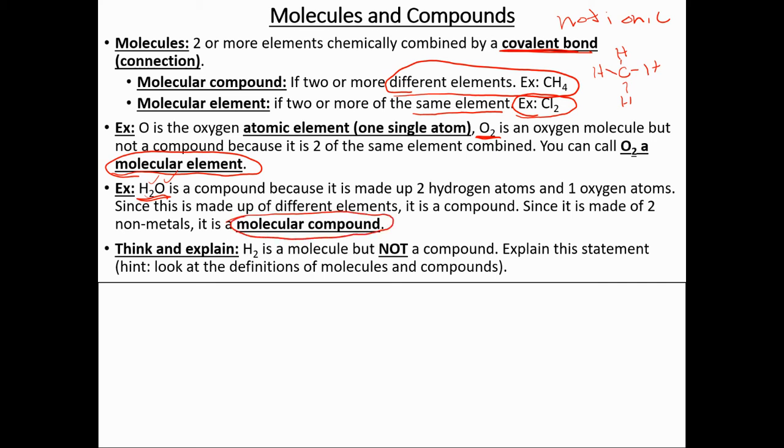So that being said, you should be able to explain why H2 is not considered a compound, even though there's two elements there. So you can pause the video and try to write out a response, and then check if you're correct. So essentially, H2 is two of the same element combined.